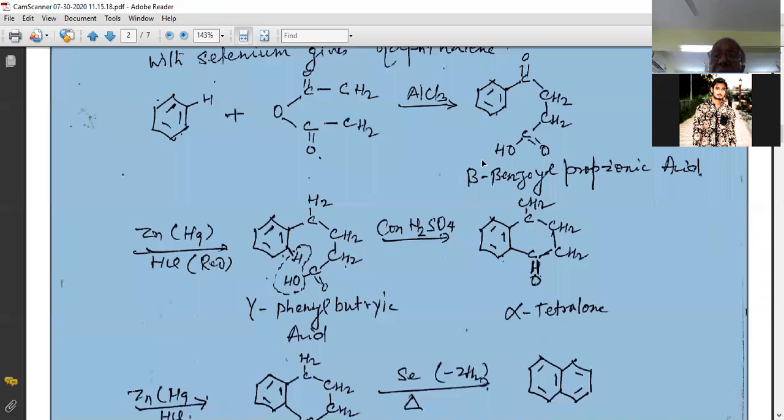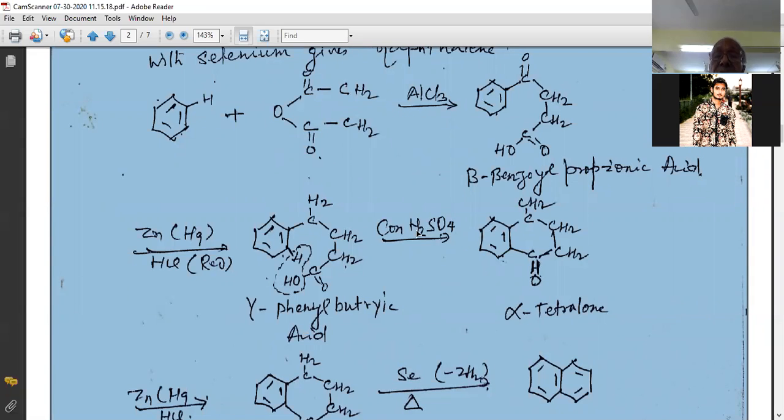Beta benzoyl propionic acid is then treated with zinc amalgam in the presence of HCl, and it undergoes reduction and forms gamma phenyl butyric acid.